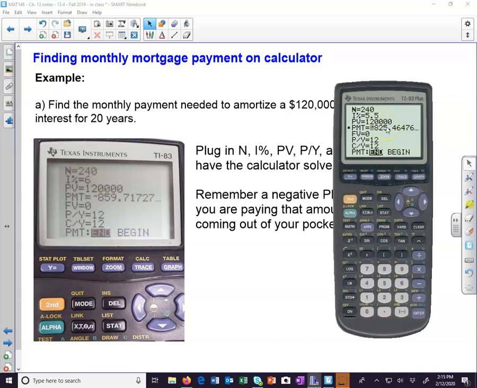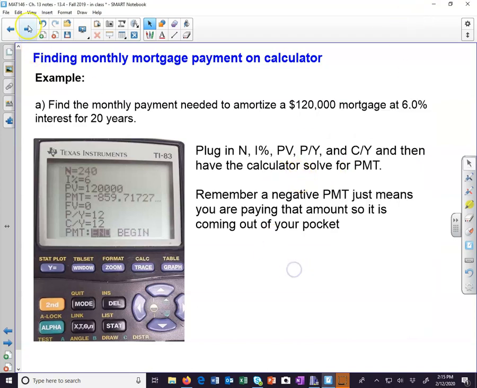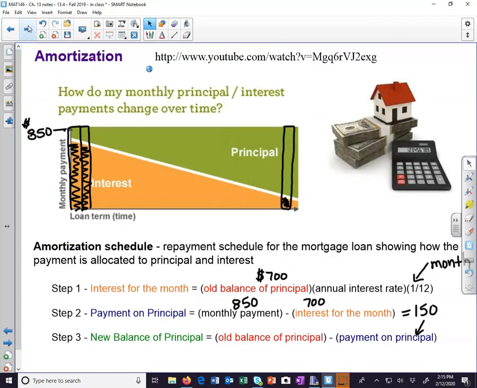So it went down $30. $30 a month is $360 a year, and then times 20 years is a lot. So just a little bit of a change in the interest is going to make a big change over the life of the loan. So you want to remember that when you're looking at different mortgages.